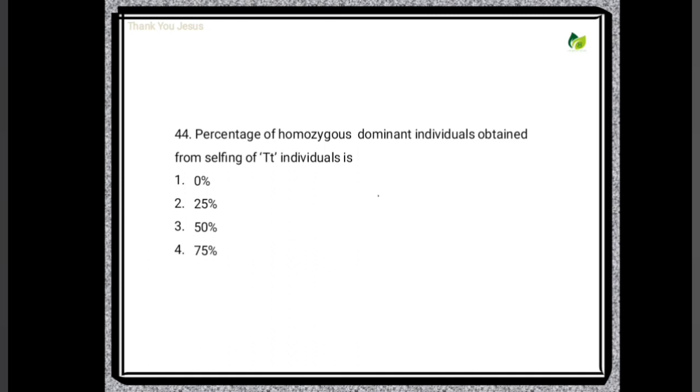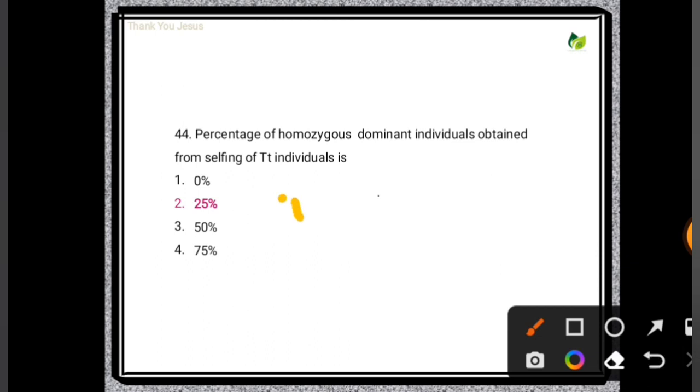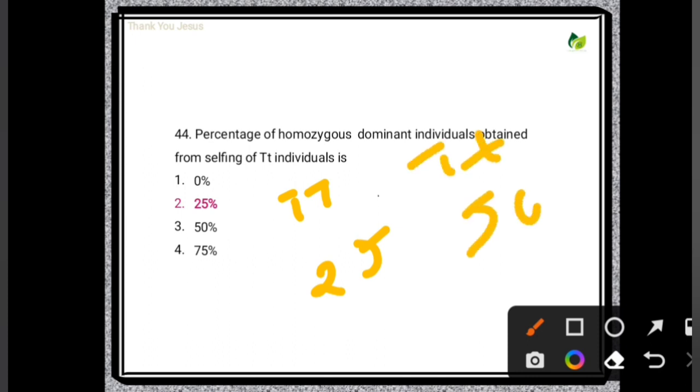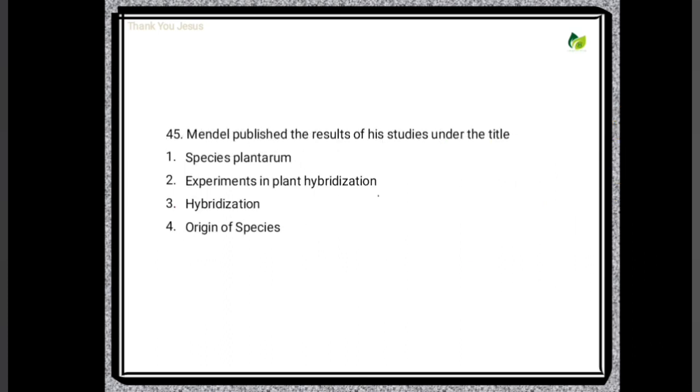So in a monohybrid cross, capital T obtained 25%, capital T small t obtained 50%, small t obtained 25%. So the answer is 25%. Let's see the next question.